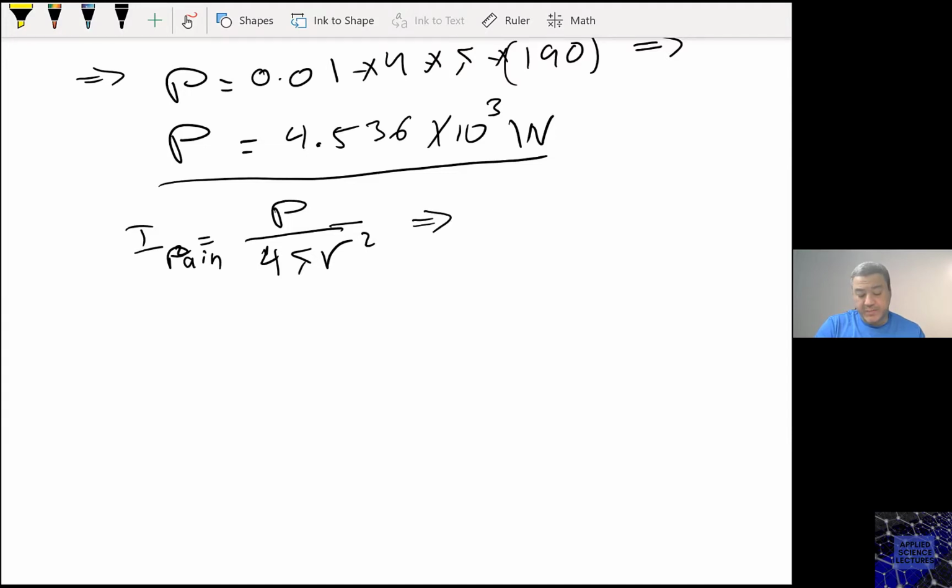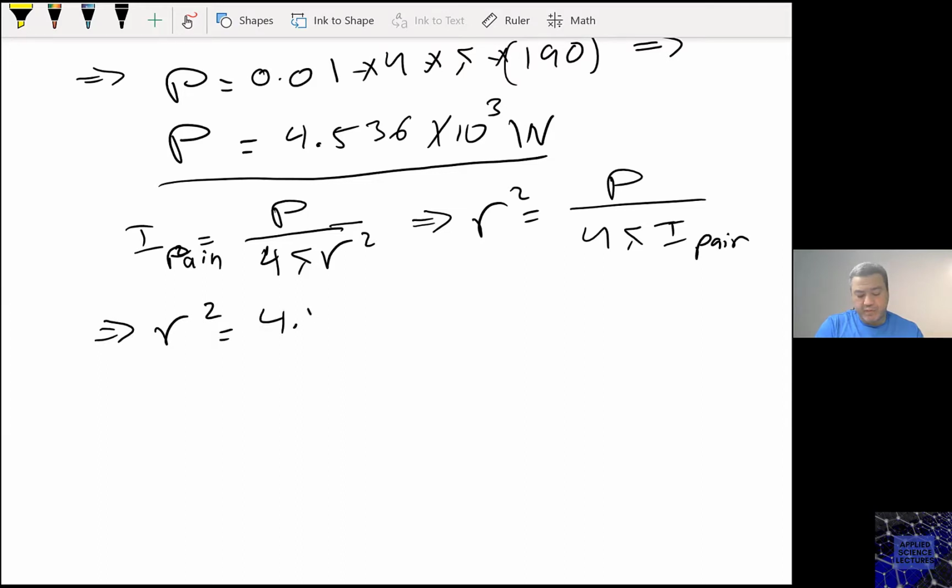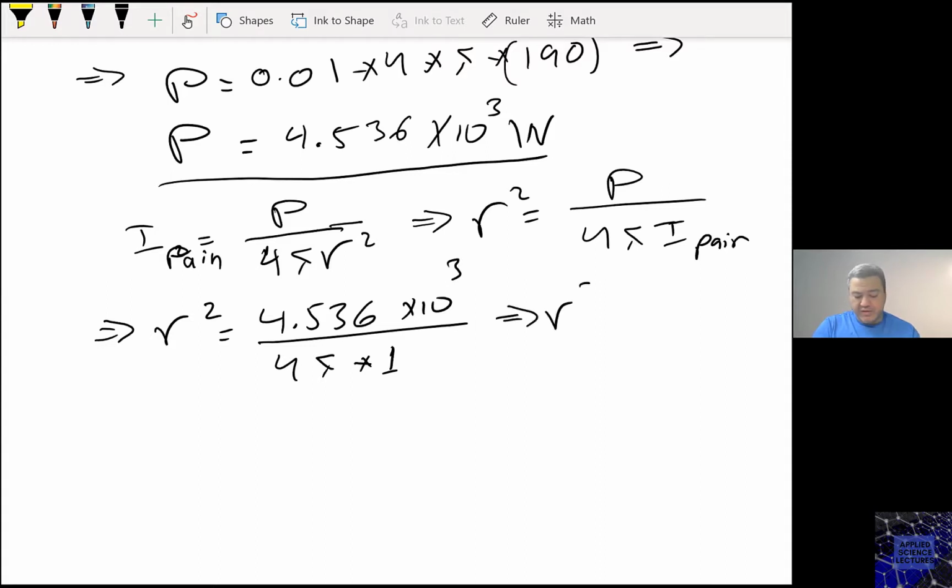So r squared is P over 4 pi I pain, which is 4.536 times 10 to the power 3 divided by 4 pi times I pain, which is 1, and in this case R is 19 meters.